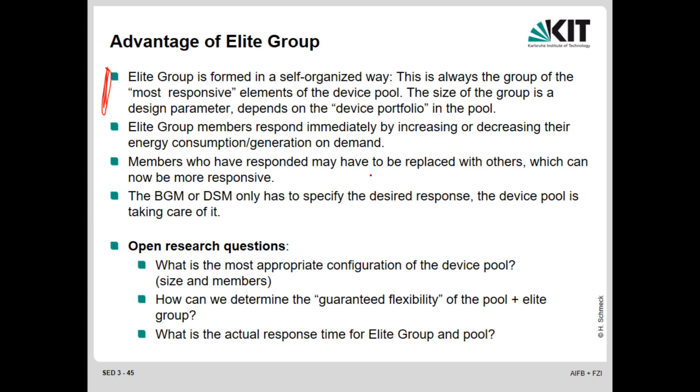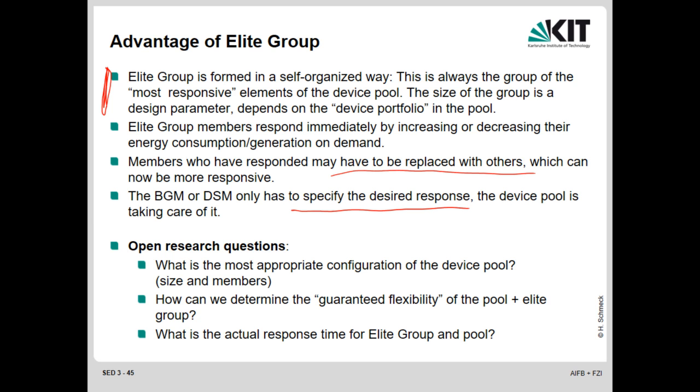The members who have responded may have to be replaced, which then are more responsive, and the balancing group manager or the demand side manager only has to specify the desired response. They don't have to worry about the way this imbalance is taken care of. This is done internally by the pool.